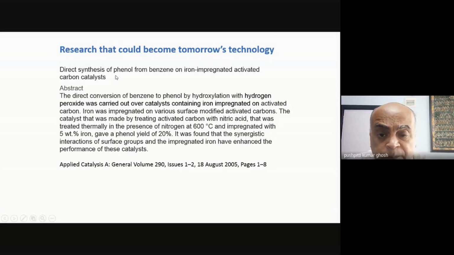I saw this paper sometime back where they had reported 20% phenol conversion, just taking benzene and converting it to phenol through hydroxylation with hydrogen peroxide, and they had used an iron catalyst, I believe. I'm not going to go into the detail, but that could be tomorrow's technology, because that would be far simpler than the Hock process.